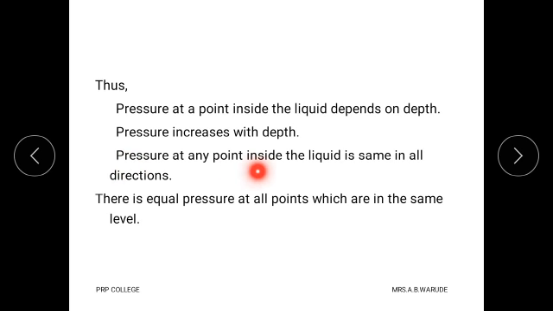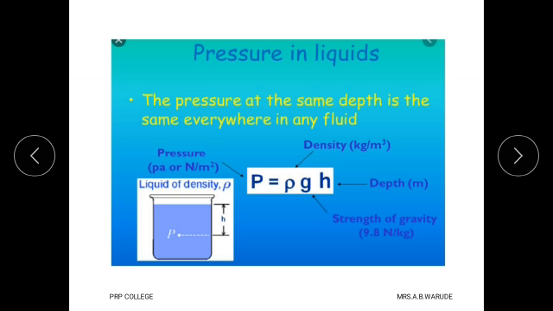Pressure at any point inside the liquid is the same in all directions, and there is equal pressure at all points which are at the same level. If the level is different, then at that time pressure is not the same. But if we find the pressure at the same level, then that pressure value is the same.